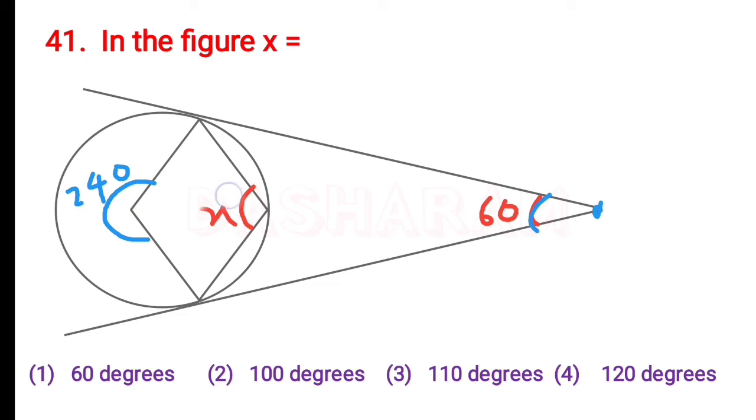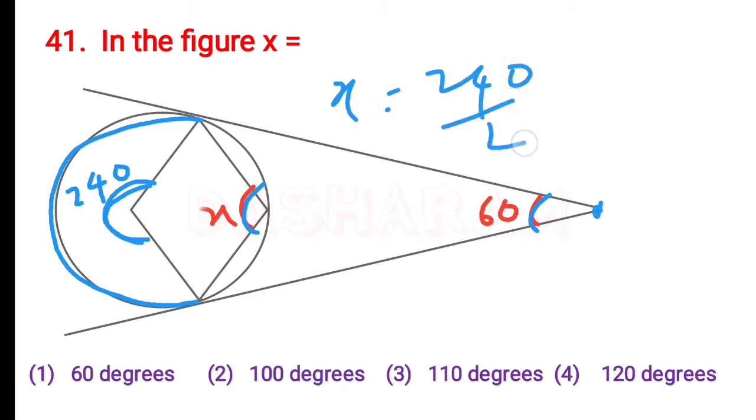To find out the x value, we need to use one important property: the angle subtended by an arc at the center, that means 240, is double the angle subtended by the arc on the remaining part. So x will become 240 divided by 2, which is equal to 120 degrees. So option 4 is correct.